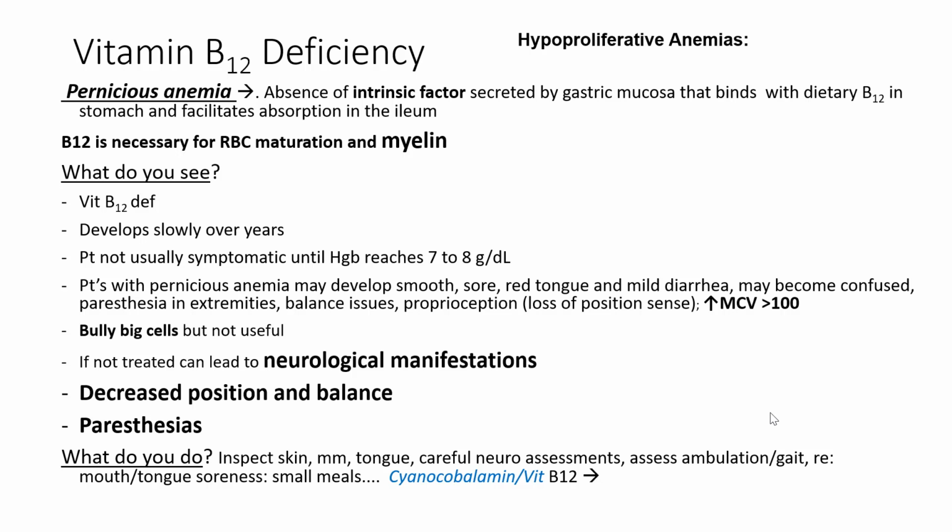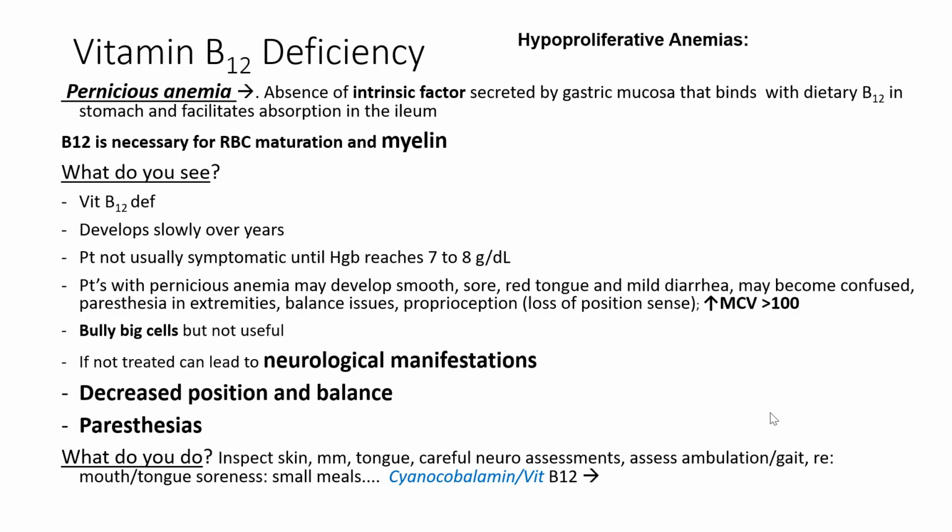They will lose their position sense and balance because vitamin B12 is necessary for myelin production, not only RBC maturation, but myelin production. So you can oftentimes sort out vitamin B12 deficiency and folate deficiency because vitamin B12 often has more neurological manifestations than folate deficiency does.